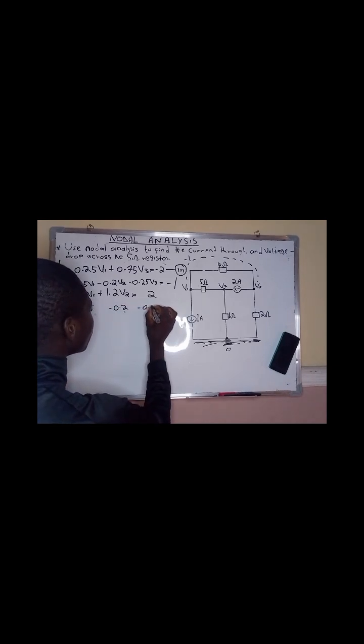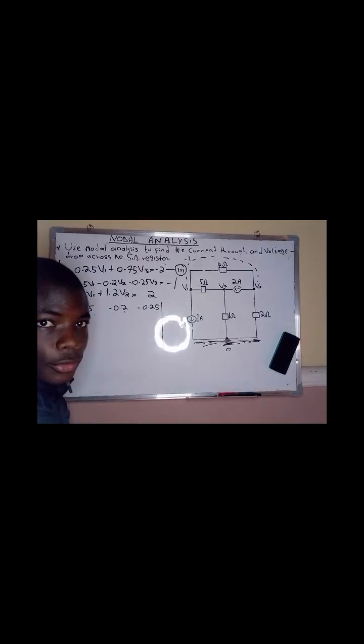So we have to use matrix form to find the first voltage and the second voltage. So therefore, let's use the matrix form. This is the first equation: 0.45, minus 0.2, minus 0.25. We have to use Cramer's rule.